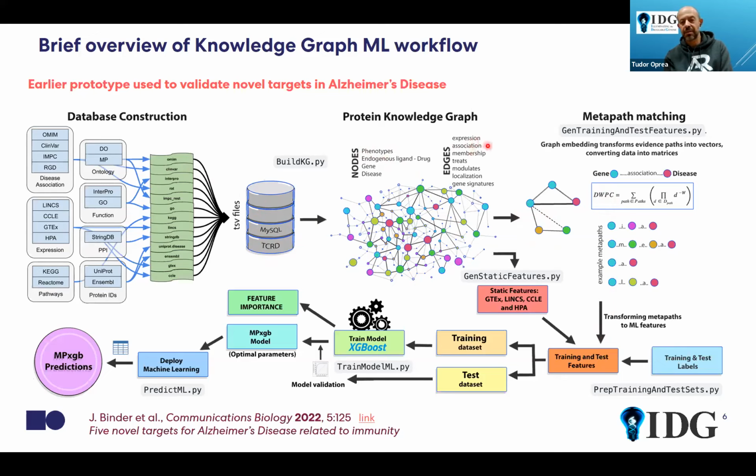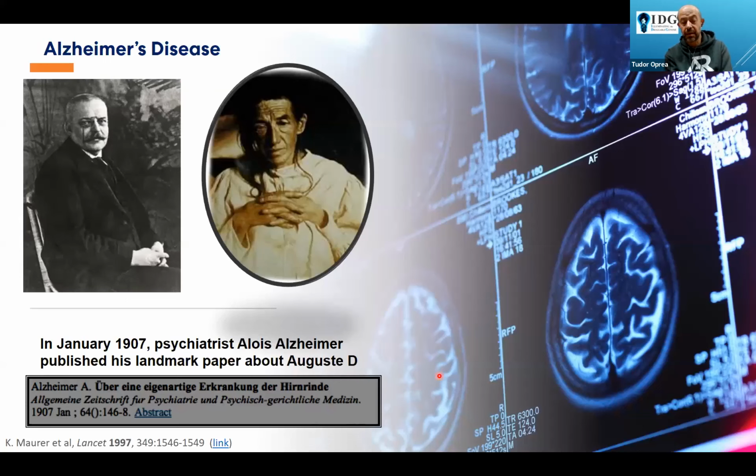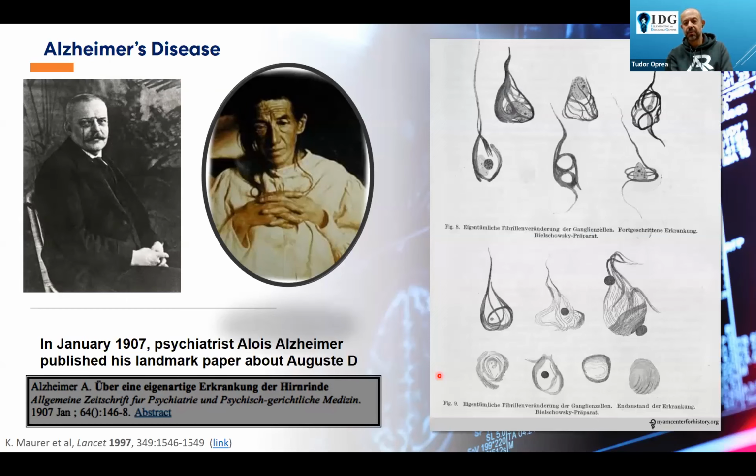Then we built a machine learning model where we fed the system a number of genes associated with Alzheimer's disease. And we predicted about 16,000 diseases and 16,000 proteins. And of course, just to put things in context, despite the fact that we're experiencing COVID, we all suffer from the possibility of Alzheimer's later in life.